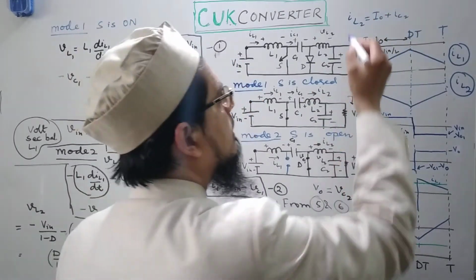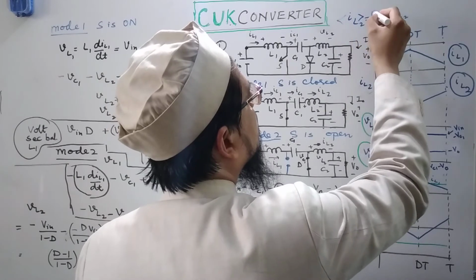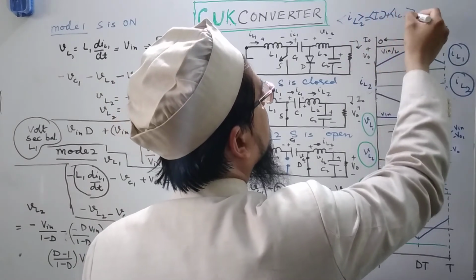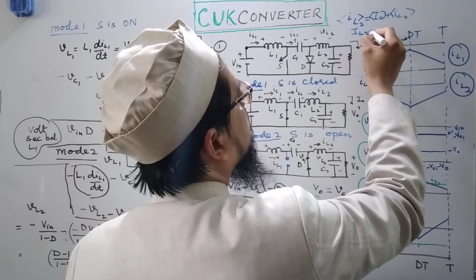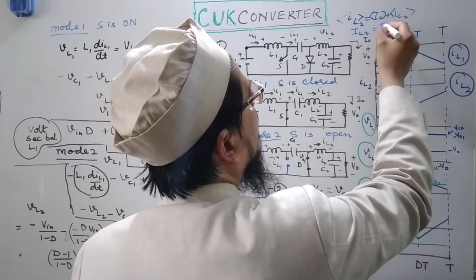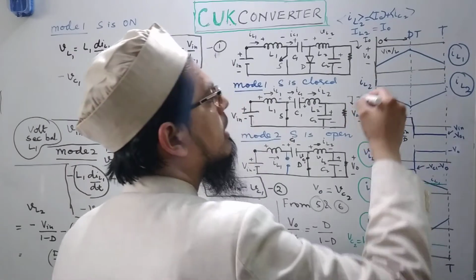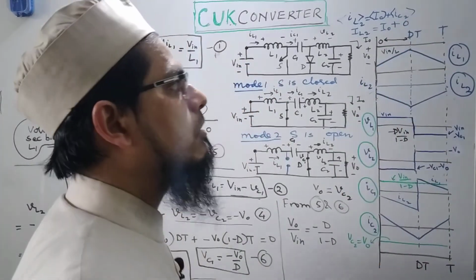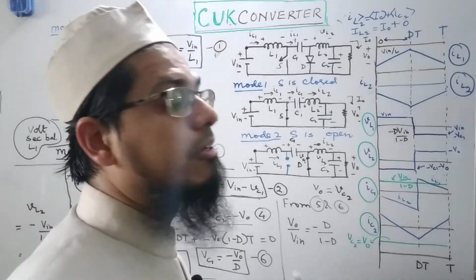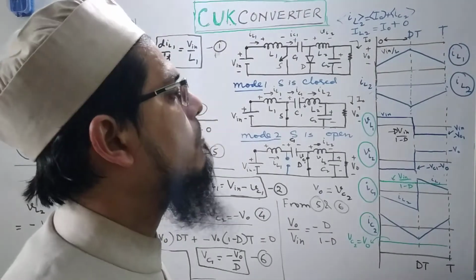If I take the average value of the terms, the average of IL2, let me call it capital IL2, is equal to I0, the average value of I0 will be I0, and the average capacitor current will become 0 by the charge balance law of the capacitance.